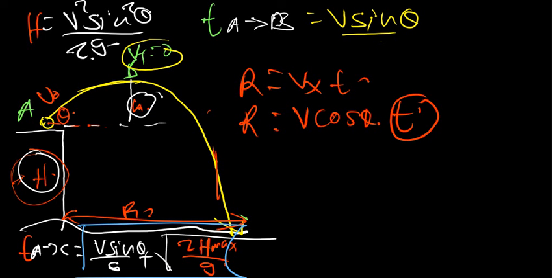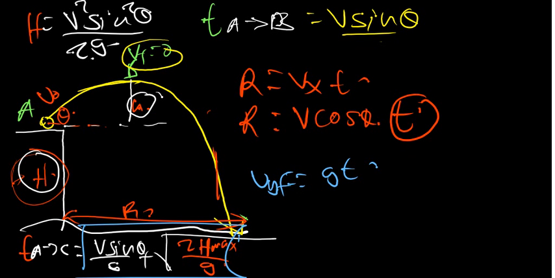Now, they can also ask us to find the velocity just before it hits the ground. In all the trajectories, the formula is the same. You get the Vx and the Vy, where Vy is equal to g times t.